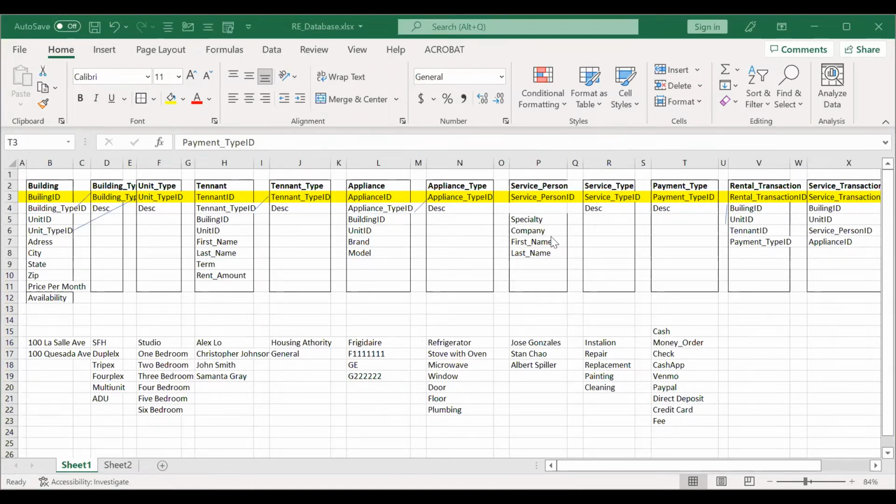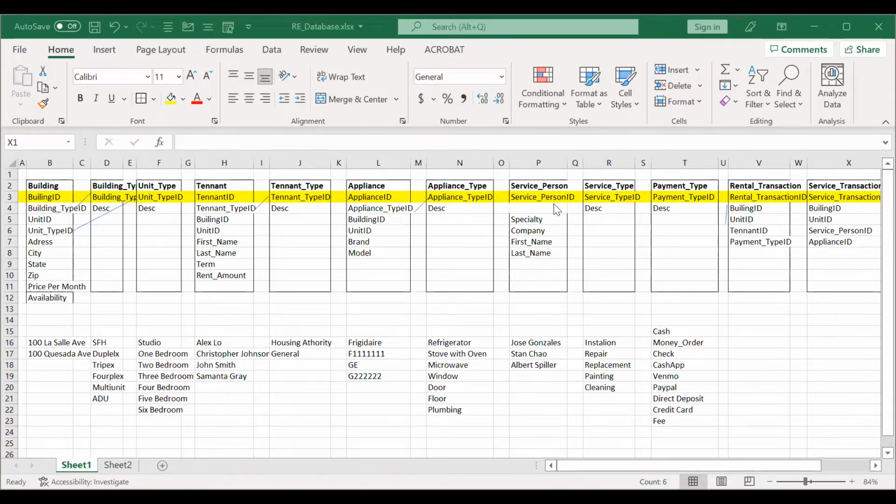Just one second. Okay, so I think our transaction tables are all okay because we have all of the IDs here. So our job right now is to relate all tables with each other. All right, so these tables are all okay. Tenant ID, it's okay. Appliance ID, okay.